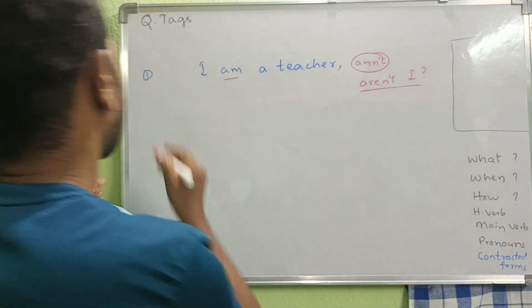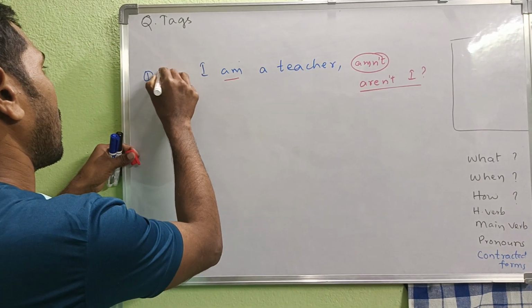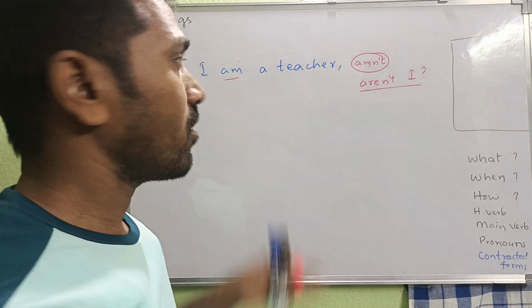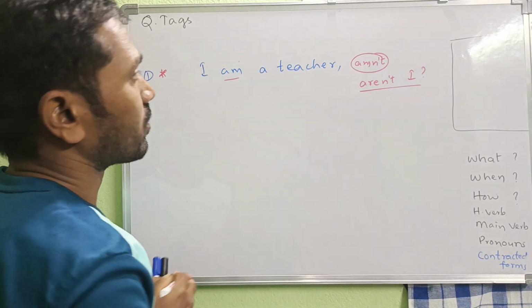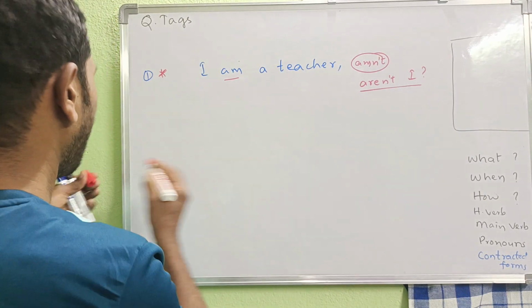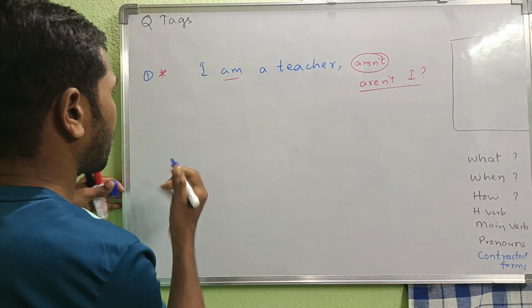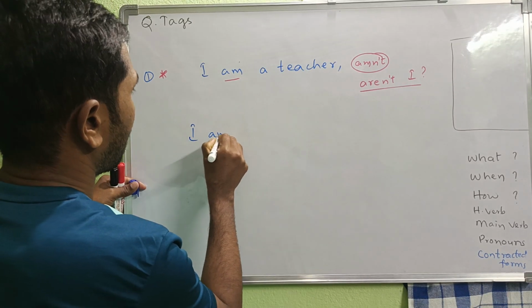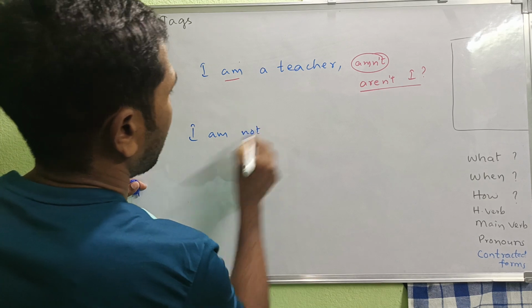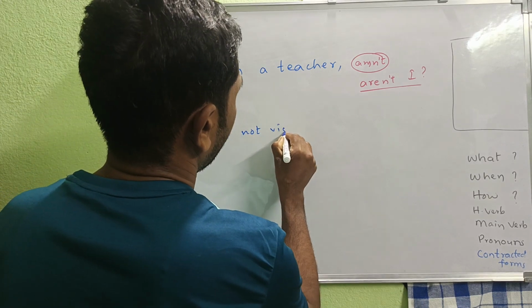And this is an exception, a very dangerous one, and most people get confused here. So you need to keep it in focus. Next, in case it is already a negative statement: I am not visiting him.